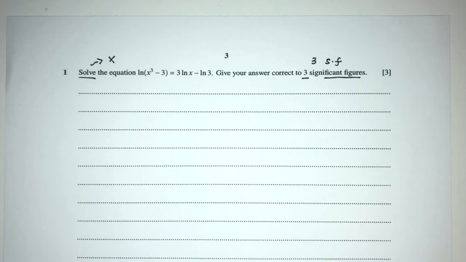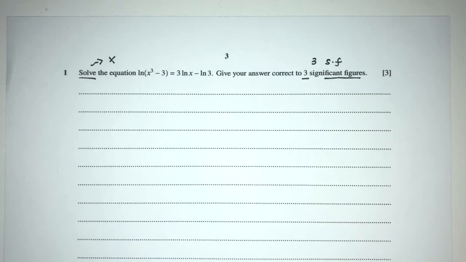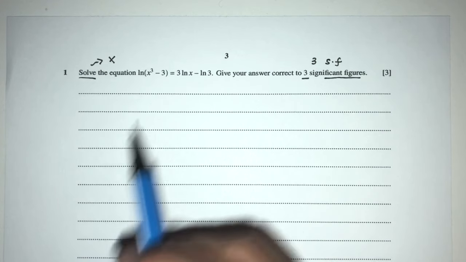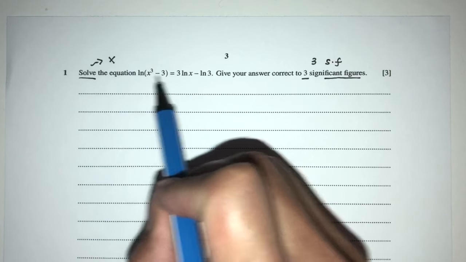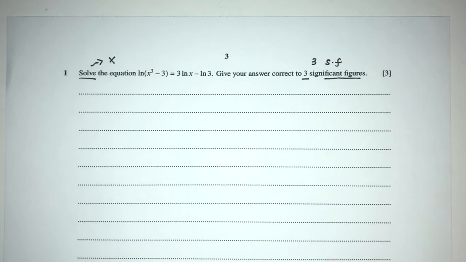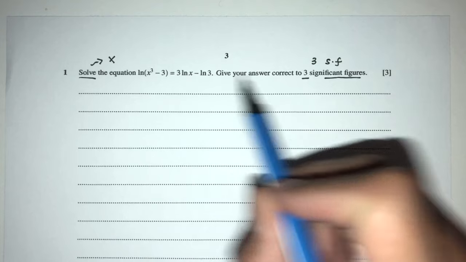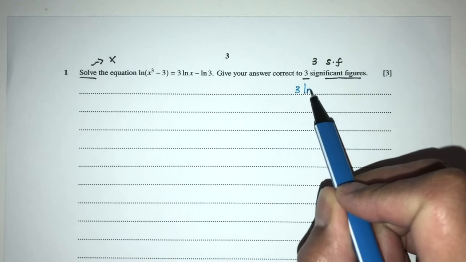Now, to find the value of x, we have to find a way to make x become the subject in this equation right here. So one thing we observe is that here we have ln, and ln. So how can we combine or get rid of ln so we can have x as the subject? So let's look at a few properties for logarithms. For example, here we have 3 ln of x.